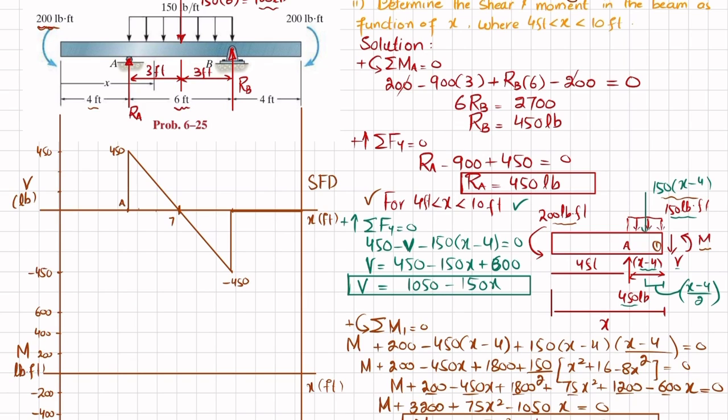So your first point will be this one. Clear? Now from this point till point A, there is no other moment, so it will remain horizontal up till this point. So this will remain like this. At this it will be minus 200.